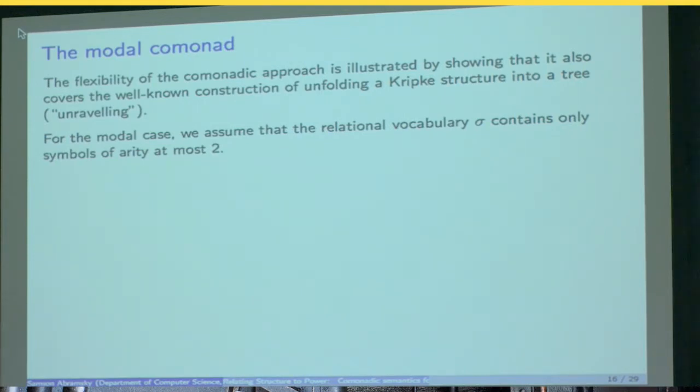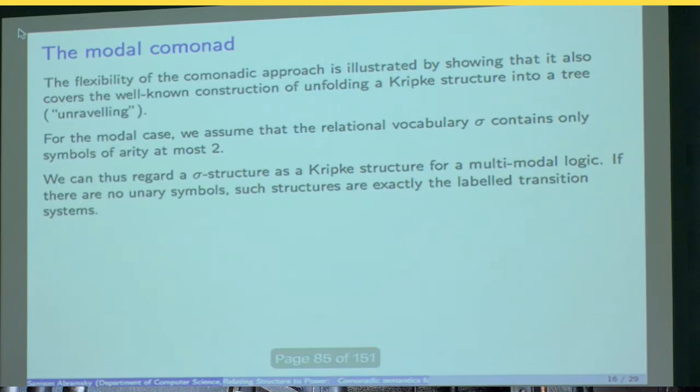So in terms of our setting, we're talking about relational structures with a vocabulary that contains symbols of arity at most 2. You can think of the binary symbols as your transitions or access relations that move you from one world or state to another. So it's really quite close to automata theory. You can think of the binary relations as labeled transitions, so it's widely studied in computer science. The unary ones are simply properties that can hold at a state.